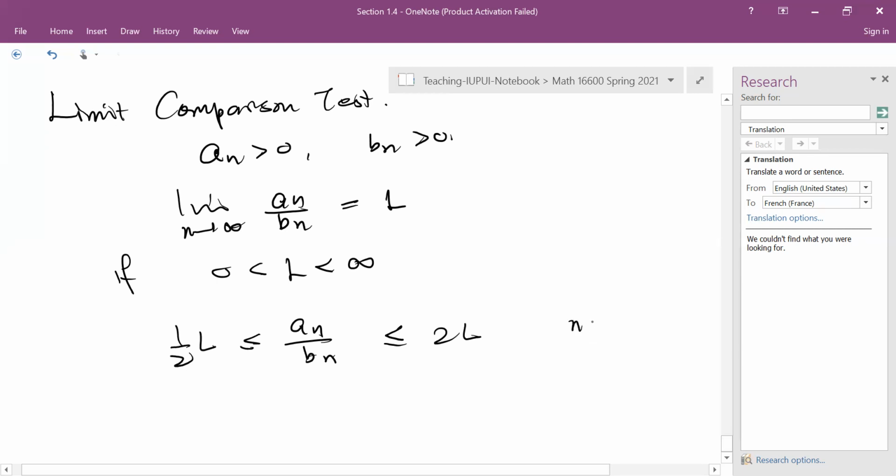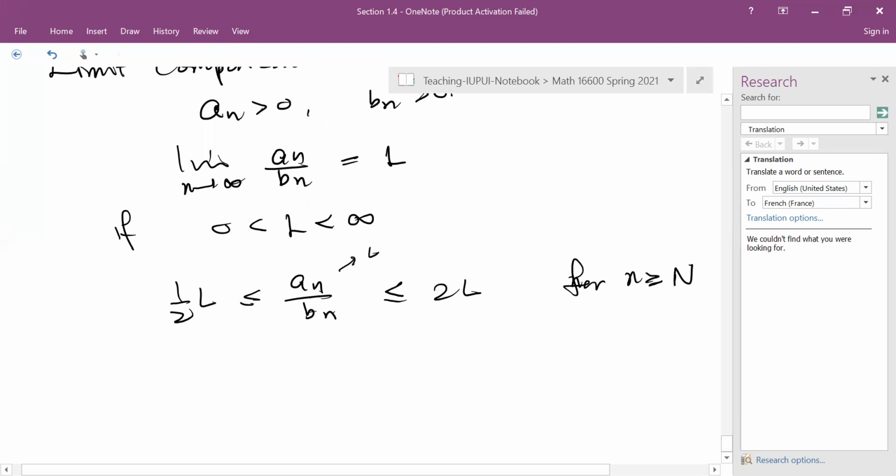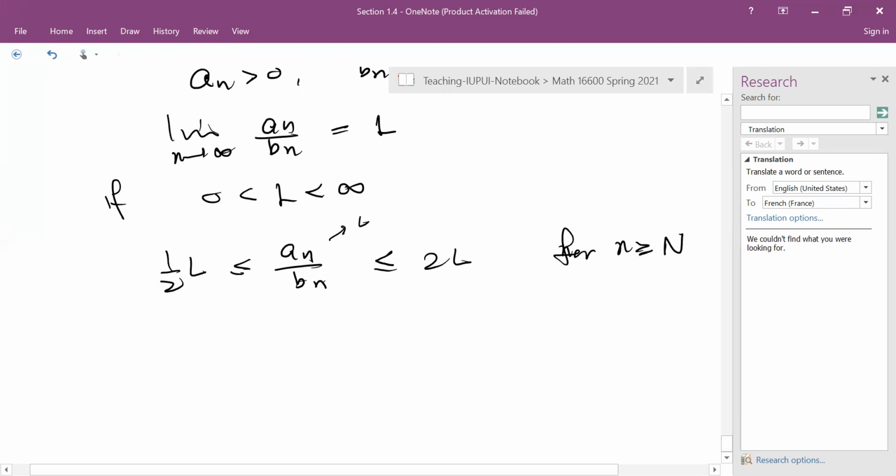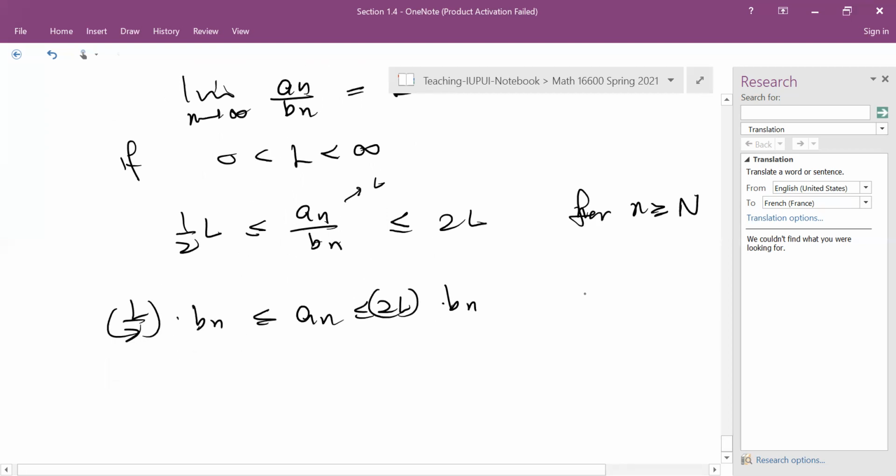For n sufficiently large, for n greater than some capital N, because this approaches L, and L is between half L and 2L. Using this fact, I have 2L, a constant, times b_n, and I also have half of L times b_n, for n greater than capital N.